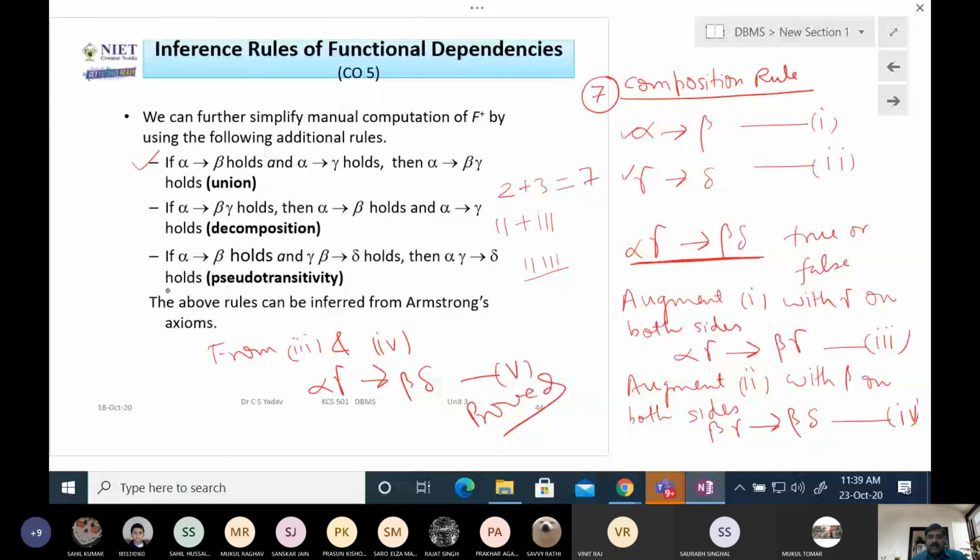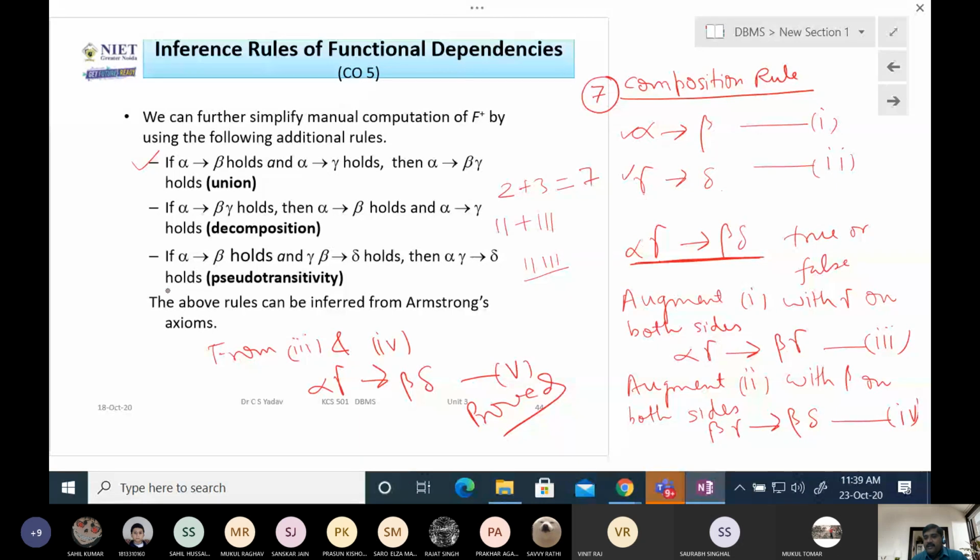And today I explained inference rule or Armstrong's axioms, and I have already covered logically implied or logically inferred FDs. So suppose we have given FD sets, then by applying these rules we can find out the logically implied FDs through reflexivity rule, through union rule, decomposition rule.